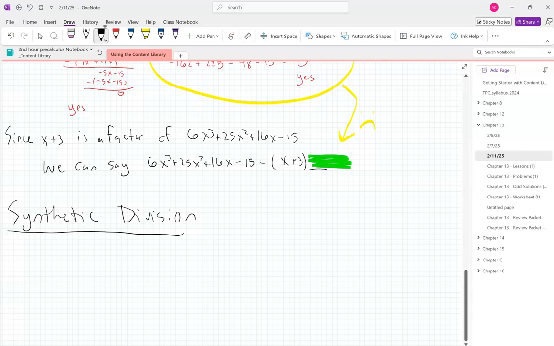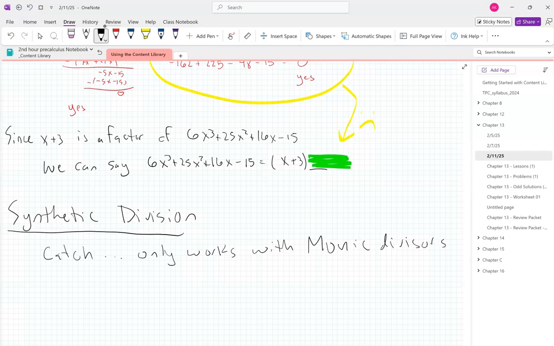This is kind of the best of both worlds, but there is one catch. This only will work if our divisor is a monic polynomial, has degree 1 and leading coefficient 1. So you can't use this for all polynomial division problems.